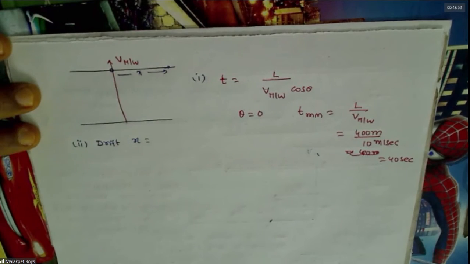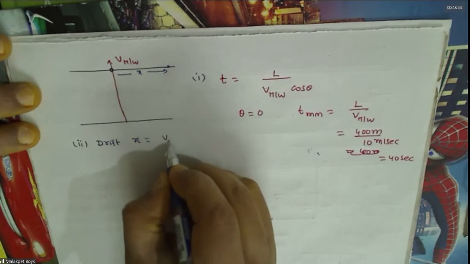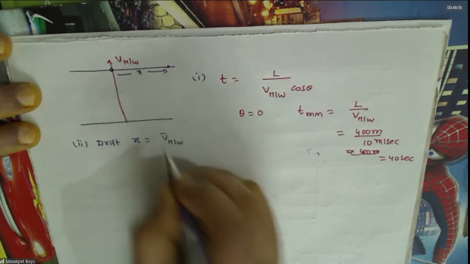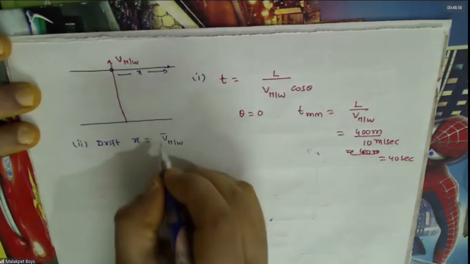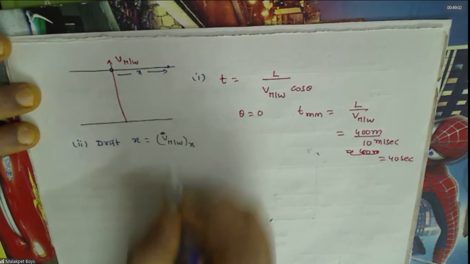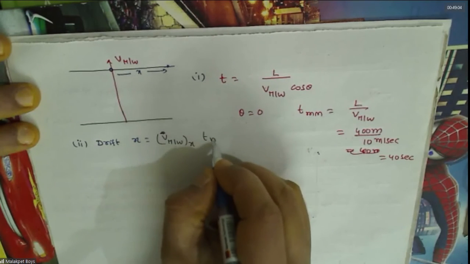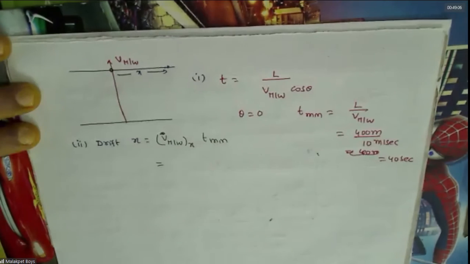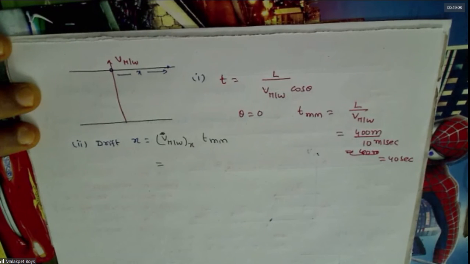This is the velocity of man with respect to water in the x direction, into the minimum time. Substitute what all you got here. The velocity of man with respect to water in the x direction you already got. 80, sir.